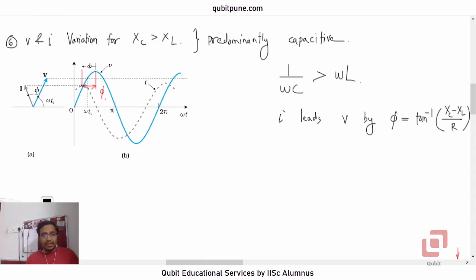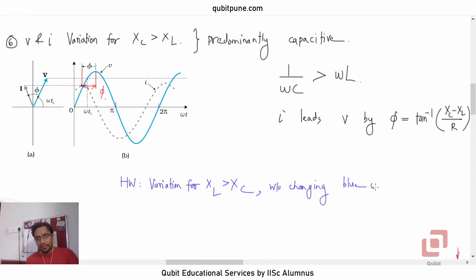I'll give you this as a homework question. Show the variation for XL greater than XC, without changing the blue curve of V. You keep the voltage phasor as it is, show one cycle, and you know actually what to do there, isn't it?